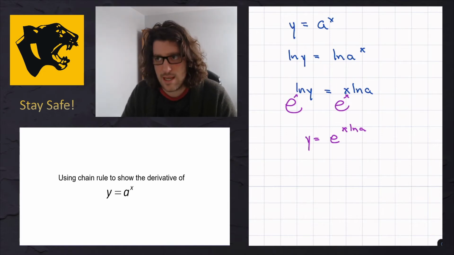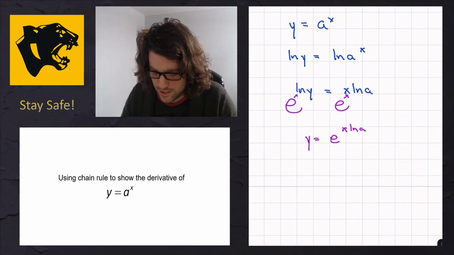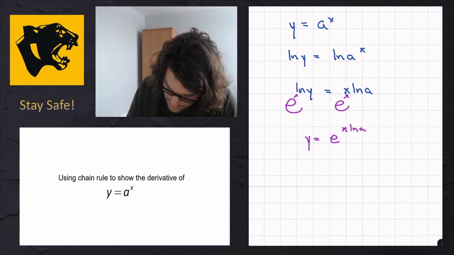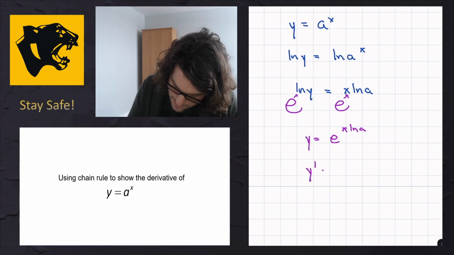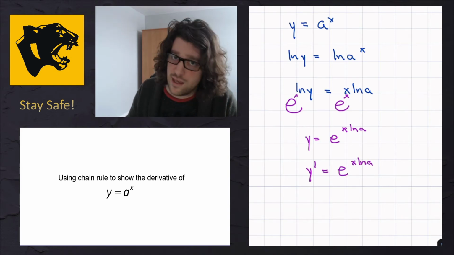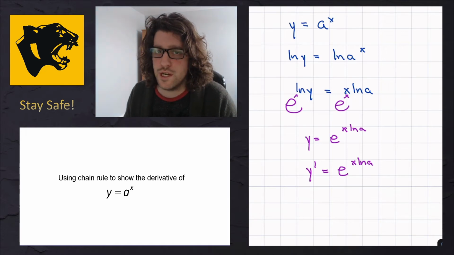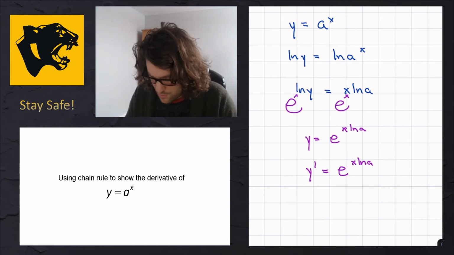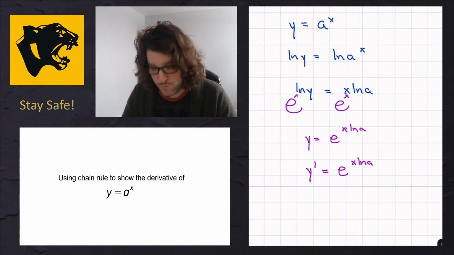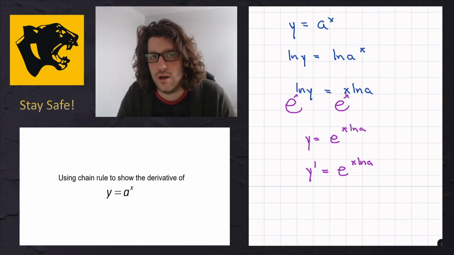Now, in this case, this is something I can handle because the function that y is equal to is an exponential function base e instead of an exponential function base a. So if I'm looking to describe the derivative here, the derivative of e to the x is just e to the x. But the inside is a function, so I have to apply the chain rule. So it is now multiplied by the derivative of the inside. ln a is actually a constant.